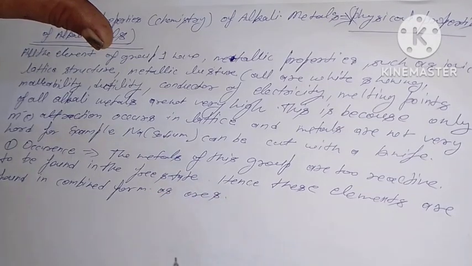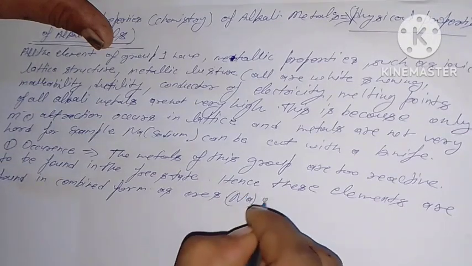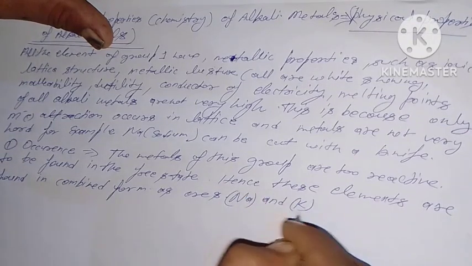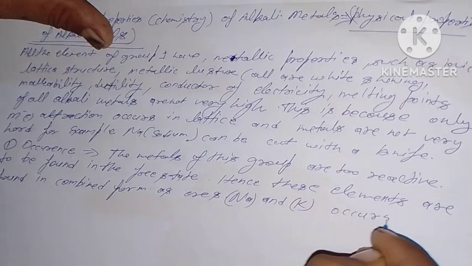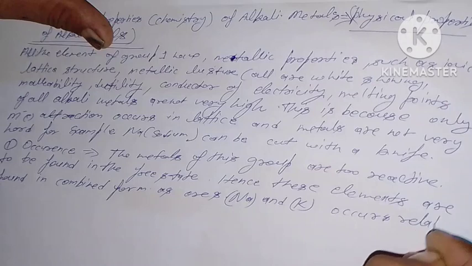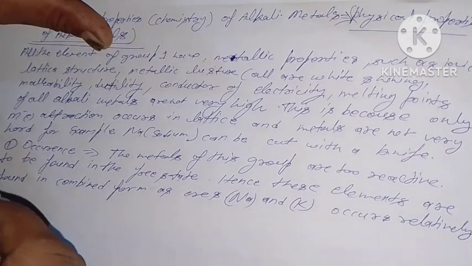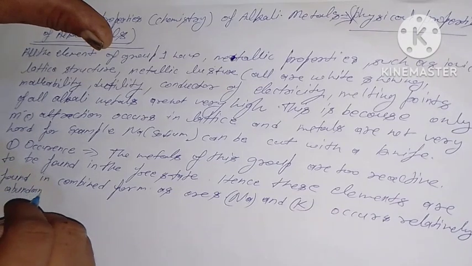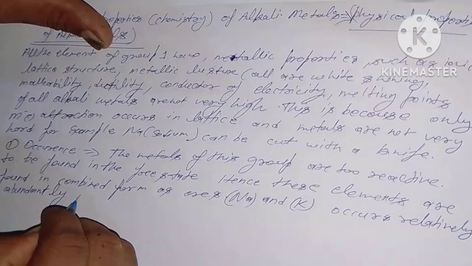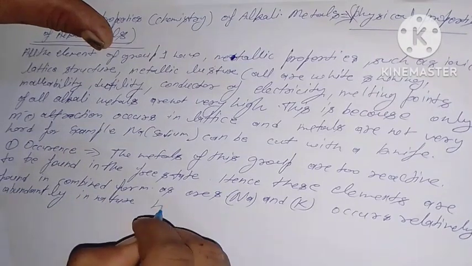Sodium and potassium occur relatively abundantly in nature.